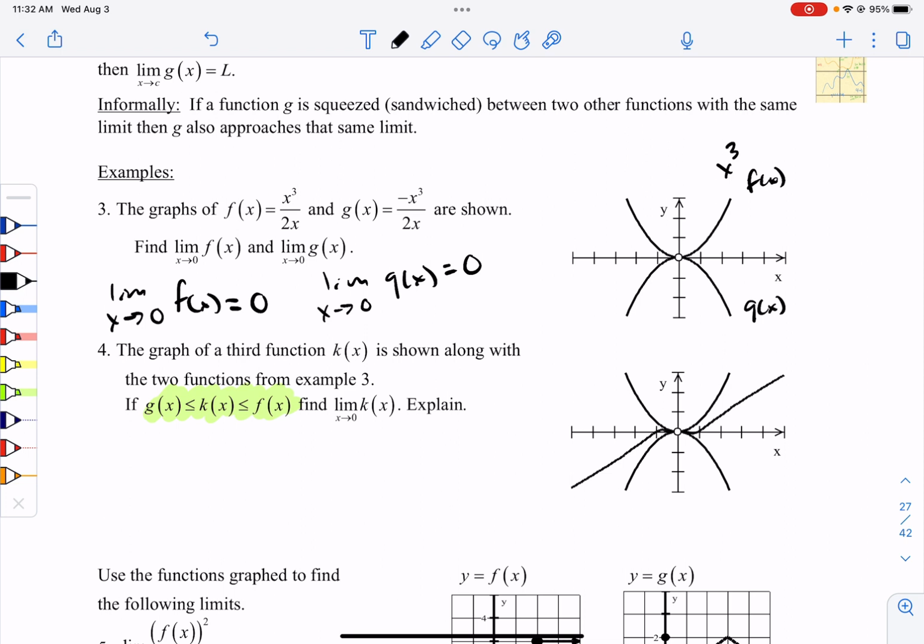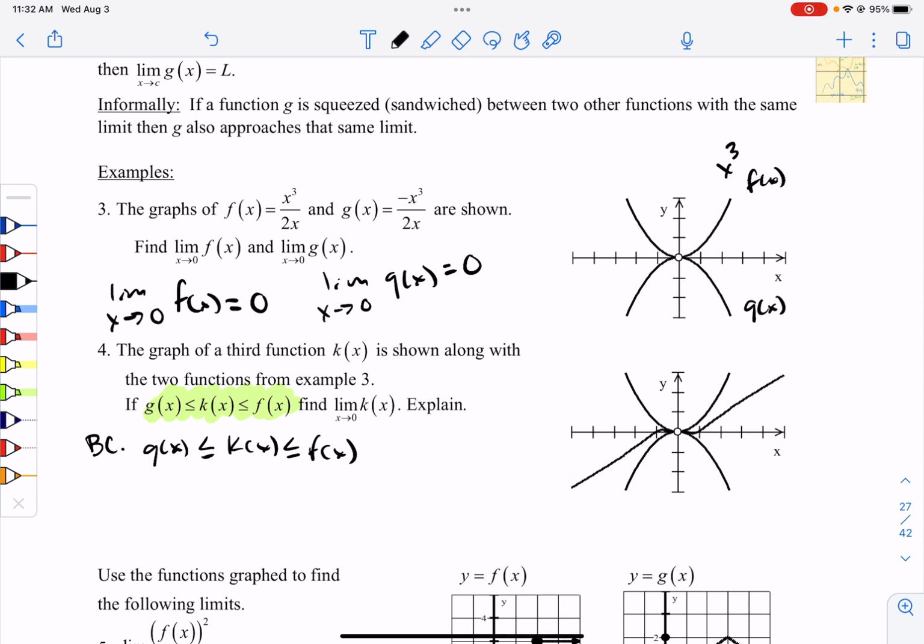All right? So I can say that because g of x is less than or equal to k of x, less than or equal to f of x, for all real x, and that probably isn't even necessary.